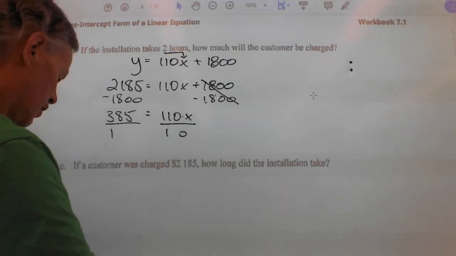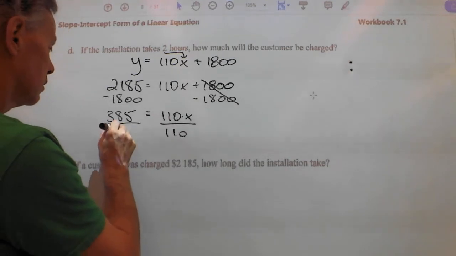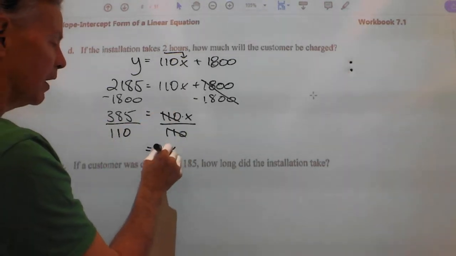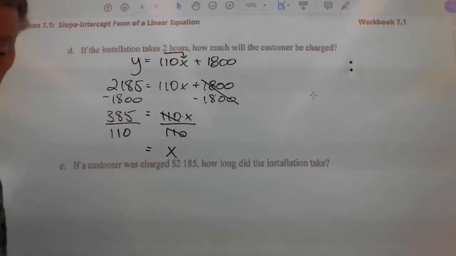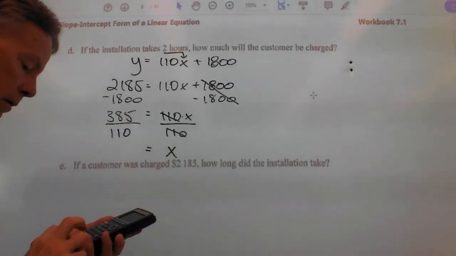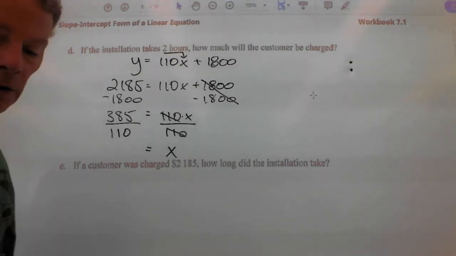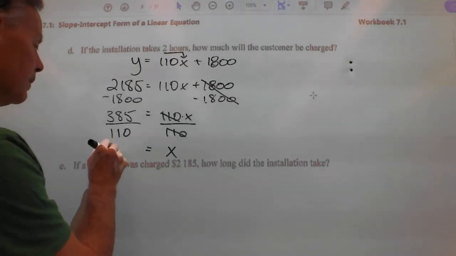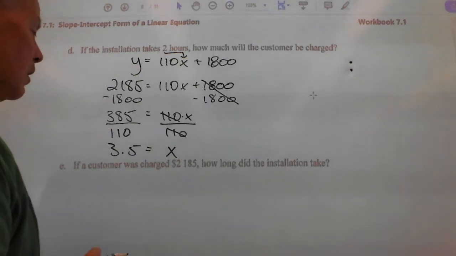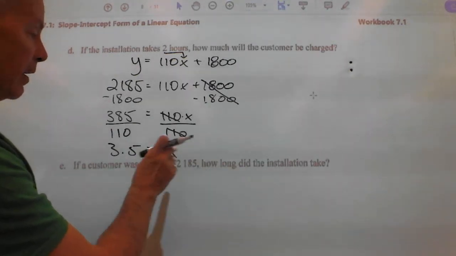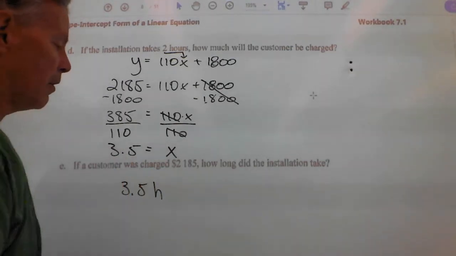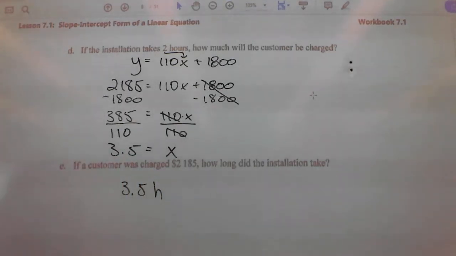It is such a Monday. So 110 divided by 110 gives us 1x. 385 divided by 110 gives us 3.5. So, how long did it take? It took 3.5 hours. Okay?